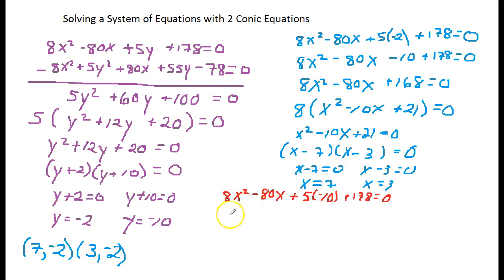All right, so 5 times negative 10, I'm going to just combine all this because I'm low on room. 5 times negative 10 is negative 50. If I take negative 50 plus 178, that gives me 128.